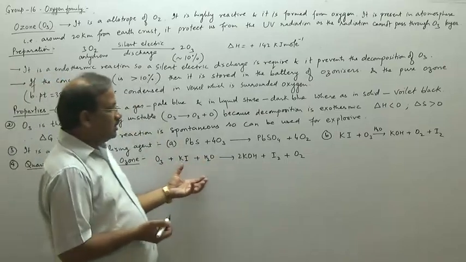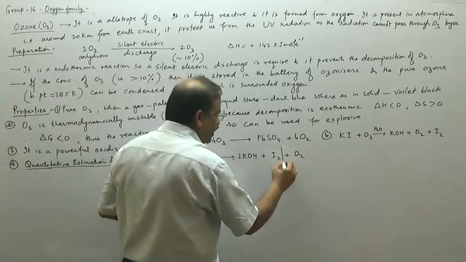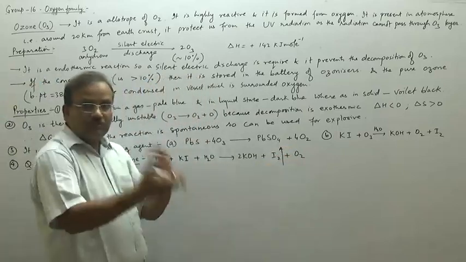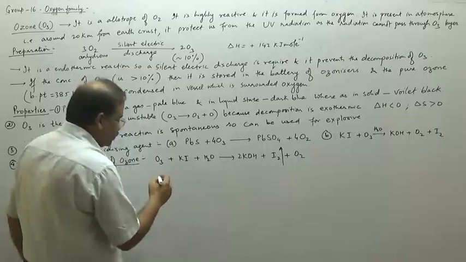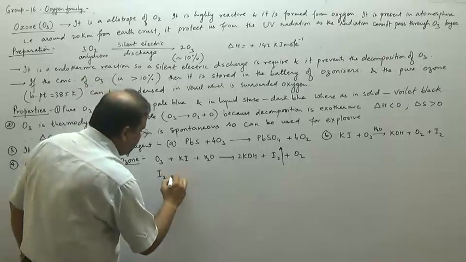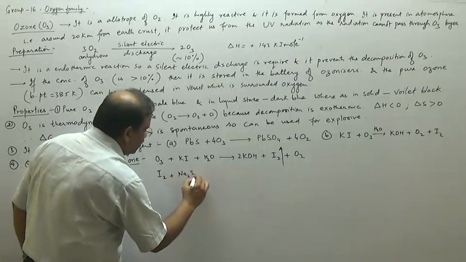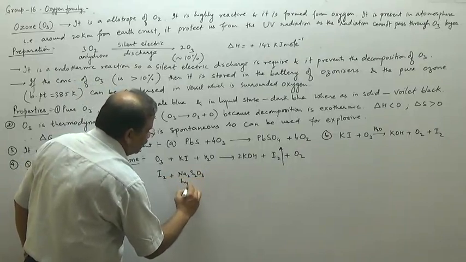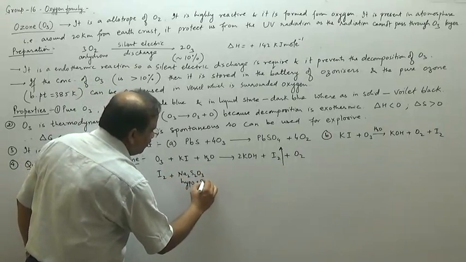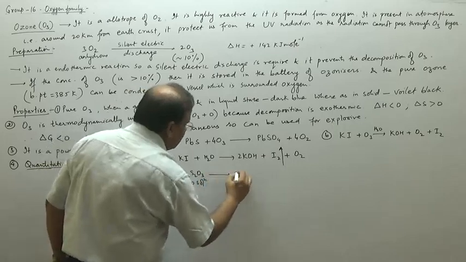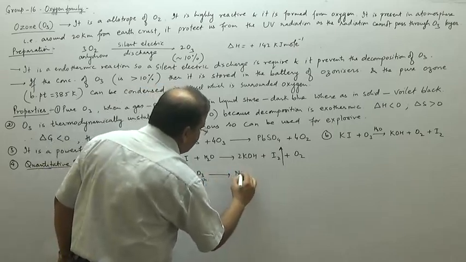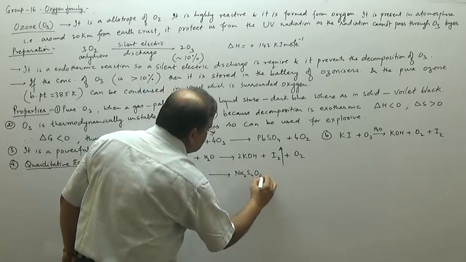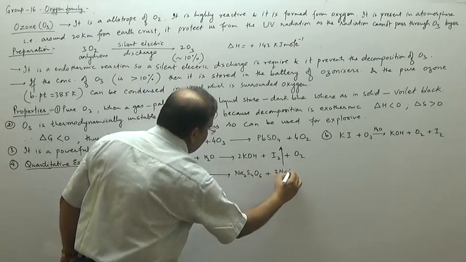So this iodine which is liberated is absorbed in the hypo solution. This I2 liberated is treated with the hypo solution, Na2S2O3. This hypo solution forms Na2S4O6 plus twice NaI.